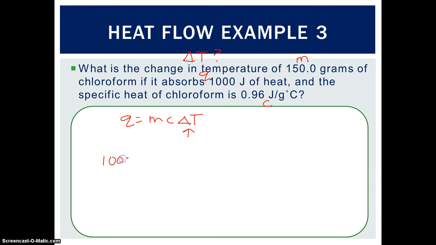Q is 1,000, M is 150, C is 0.96, and delta T is what I'm looking for.